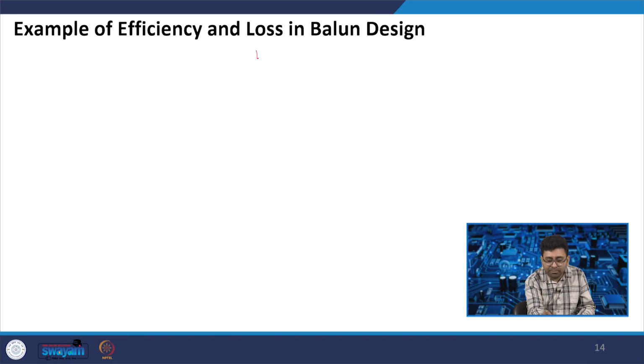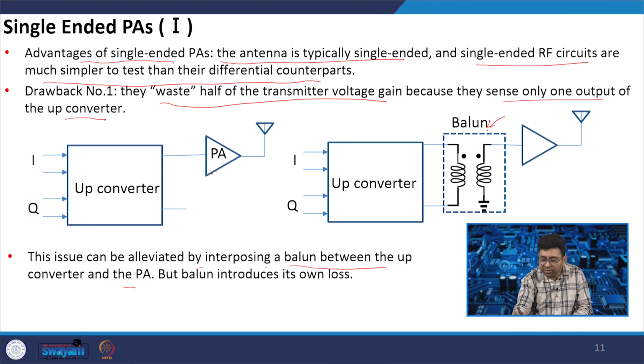So, take an example of efficiency and loss due to the balun design. Suppose your balun has a 1.5 dB loss, and there are two cases: before the PA, like what we have seen here, and after the PA.